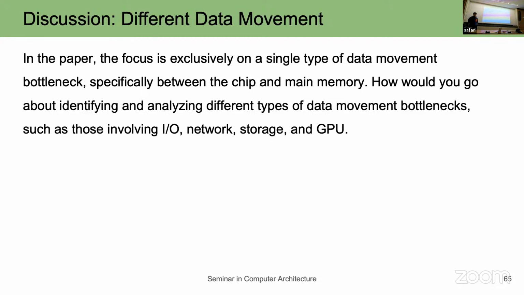So we've looked at a methodology which classifies data movement bottlenecks. How would you go about designing and analyzing different types of data movement bottlenecks, for example, from an I/O device or network, storage, and GPU devices?